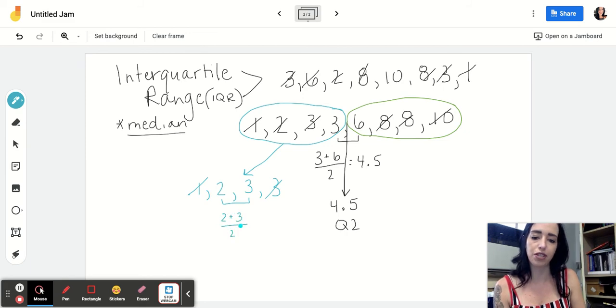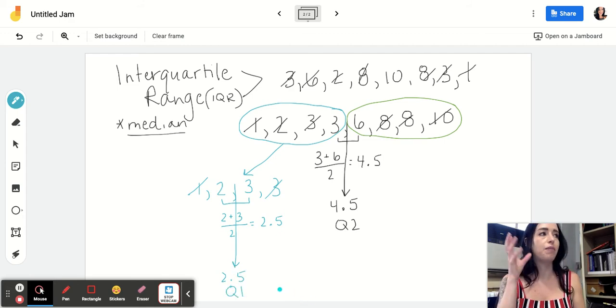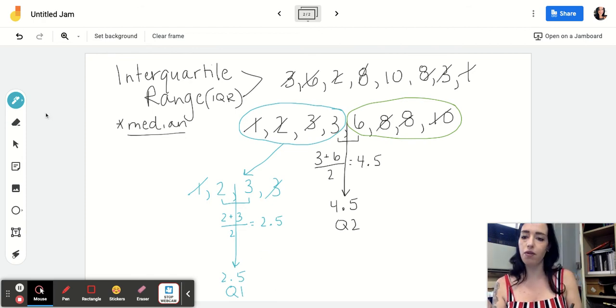I'm going to divide by 2, so I'm finding the mean again. 5 divided by 2 is going to be 2.5. Okay, so what that means now is 2.5 is my quartile 1.